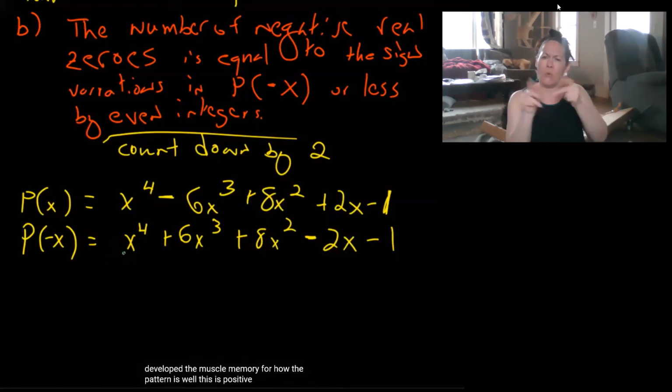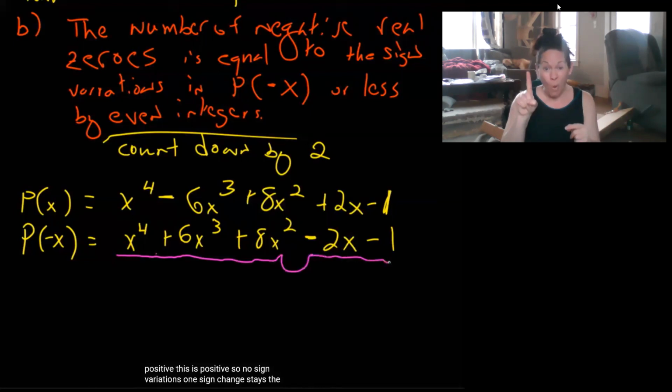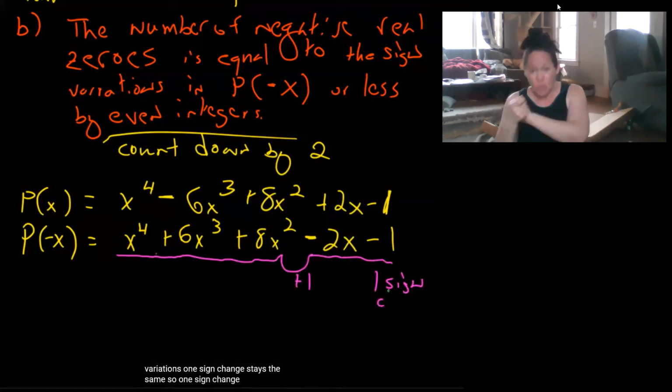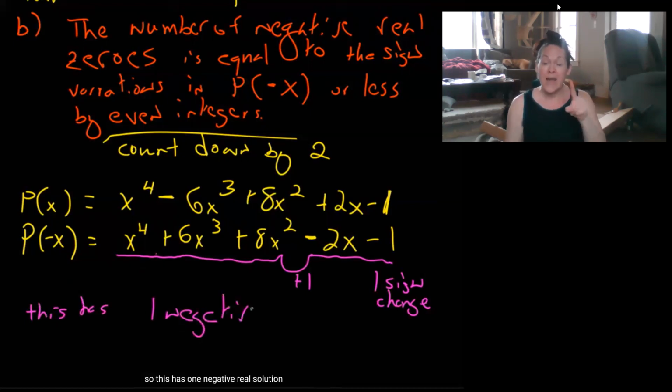Well, this is positive, this is positive, this is positive, so no sign variations. One sign change stays the same. So one sign change. So this has one negative real solution.